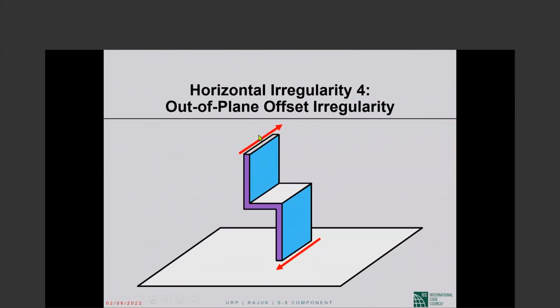This shear wall was coming down, but then it makes an offset and comes down a different line. Now this shear has an opposite shear at the base of the wall, so that shear will have to go from here to there through the diaphragm.